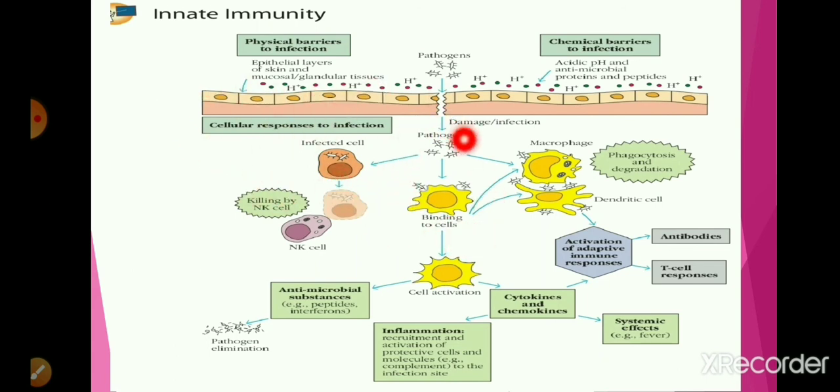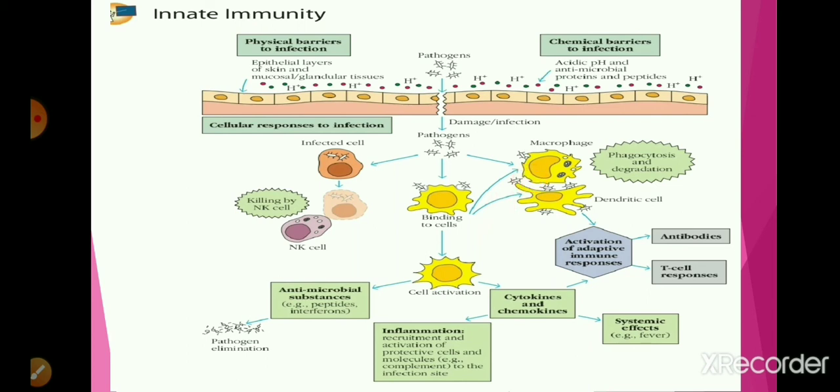After recognition of the pathogen, when the pathogen binds to the cells, they recognize it and give information to phagocytosis. During phagocytosis, cells are triggered to phagocytose the pathogen.